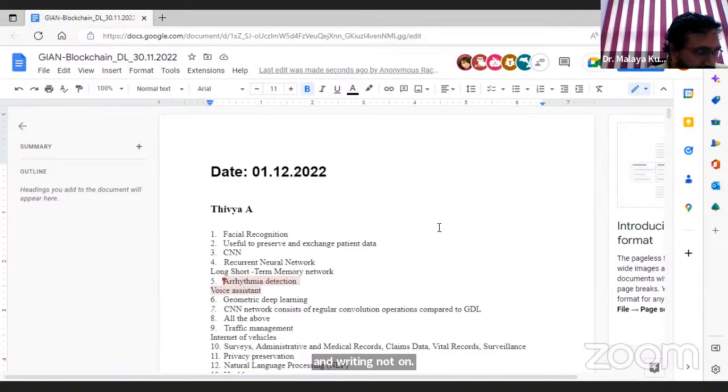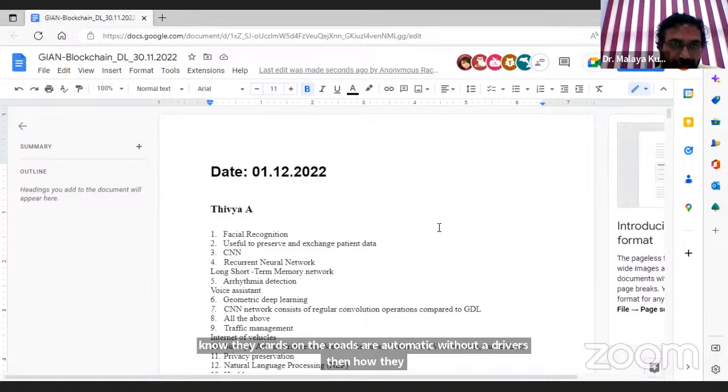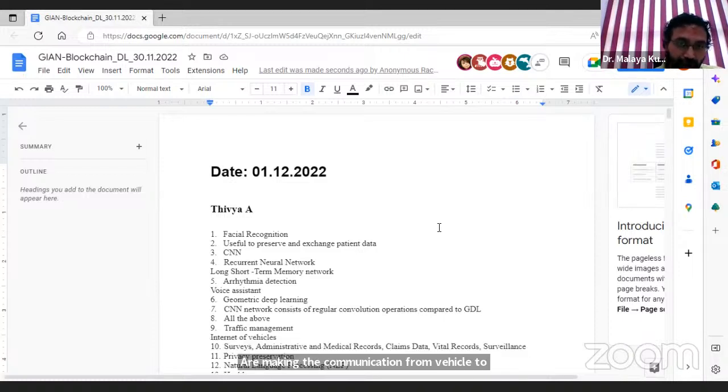So the best answer is nothing but swarm robots, or V2V communication. That means basically how automatic driving cars, if all the cars on the roads are automatic without drivers, make the communication from vehicle to vehicle, and fulfil a common goal. Already we have discussed this in the key benefits of blockchain as well as deep learning techniques.